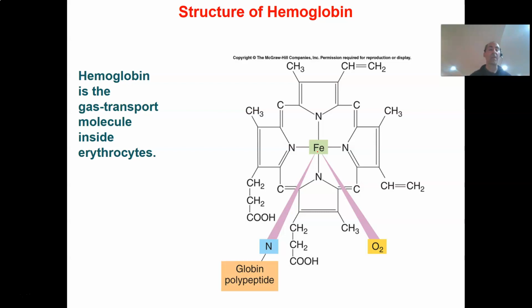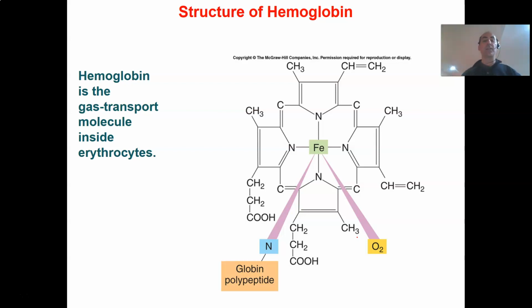When you don't have enough iron, you can't make enough functional red blood cells to carry enough oxygen, and therefore there are different types of anemia. The side effects of that result in people who are anemic feeling tired, right? Because you can't extract enough oxygen, you can't carry enough oxygen.